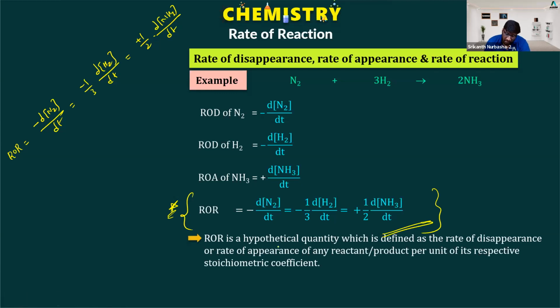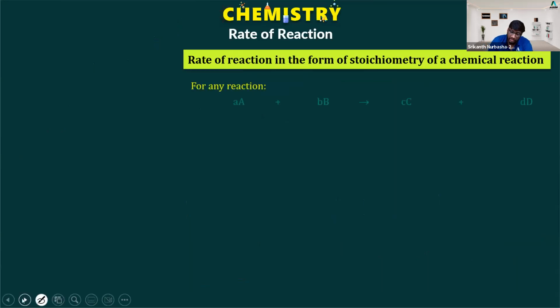Rate of reaction is a hypothetical quantity which is defined as the rate of disappearance or rate of appearance of any reactant or product per unit of its respective stoichiometric coefficient. Rate of reaction you define with respect to per unit of its stoichiometric coefficient. We'll solve examples after this. We'll get more clarity. For any reaction like a moles of A plus b moles of B gives rise to c moles of C plus d moles of D, what I can write?